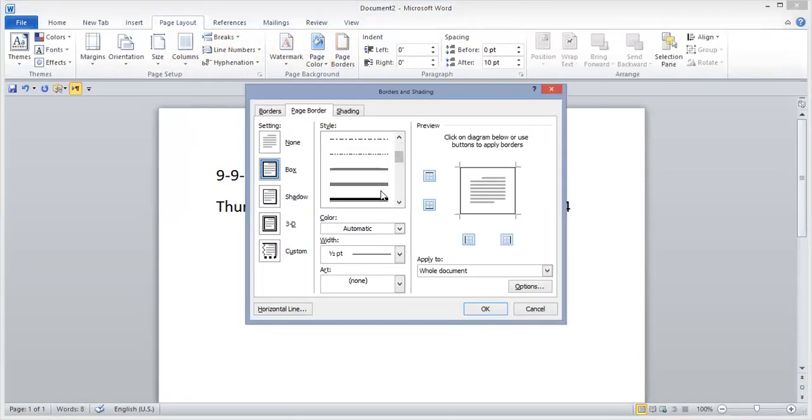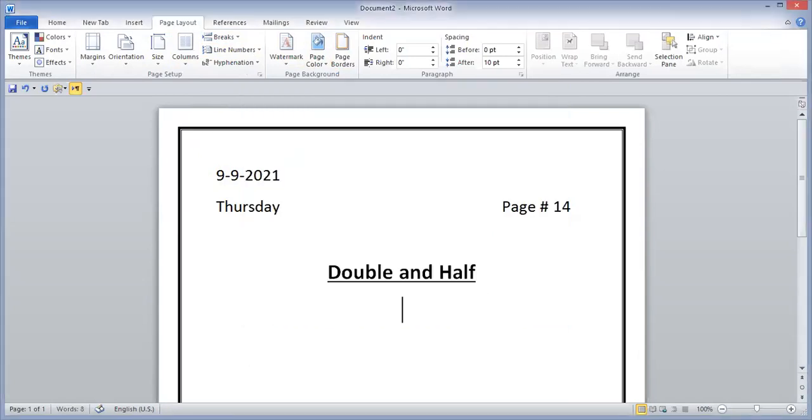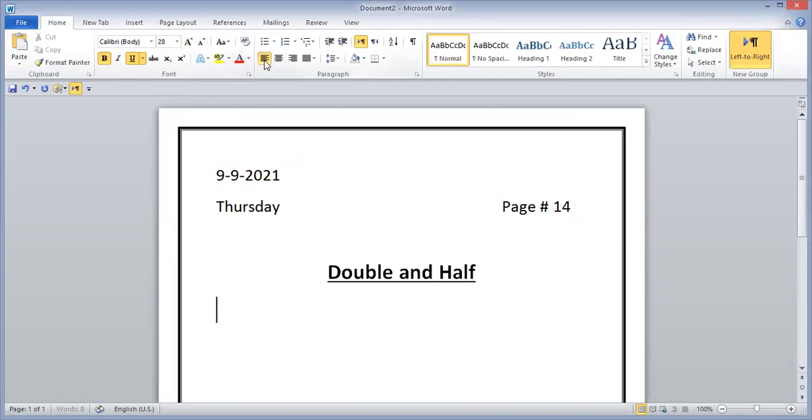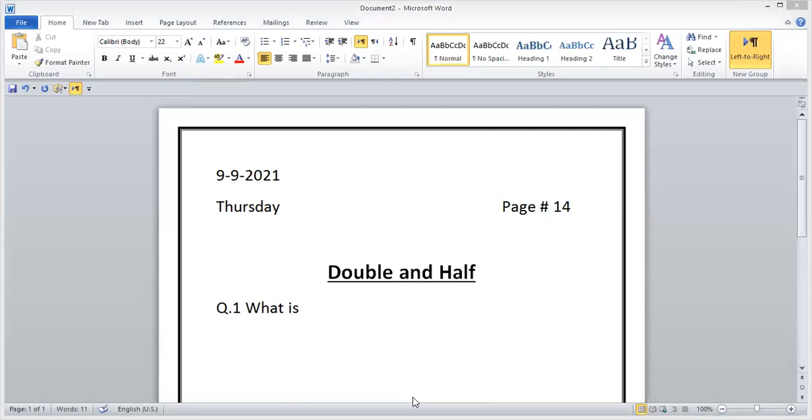Take out your notebooks. On the top of the page, write the heading, date, day, and page number. And then I'm going to write question number 1. Question number 1 is, what is double 50?